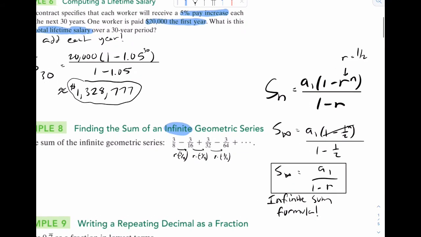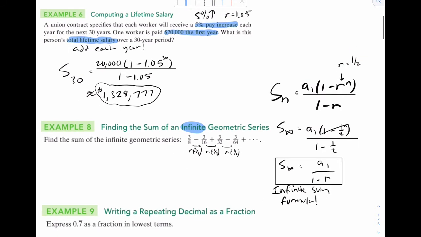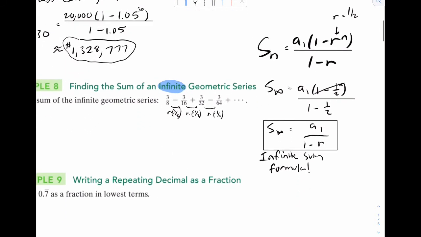But notice how we generated it. We only could create this given that R was a fraction like that. So a stipulation of this is that R has to be less than 1. But of course we're seeing, well, this is negative. So to fix that, you say, well, that would mean the absolute value of R must be less than 1.